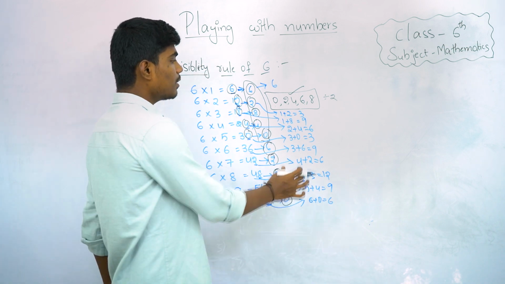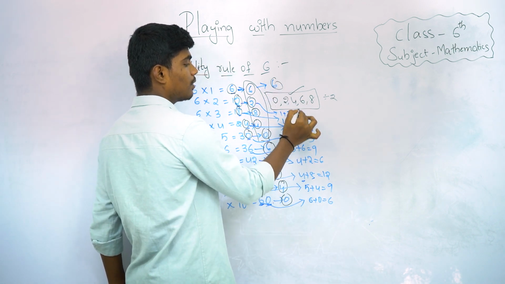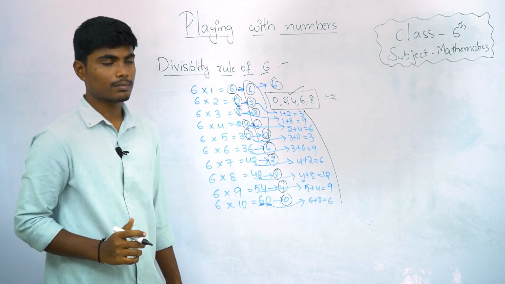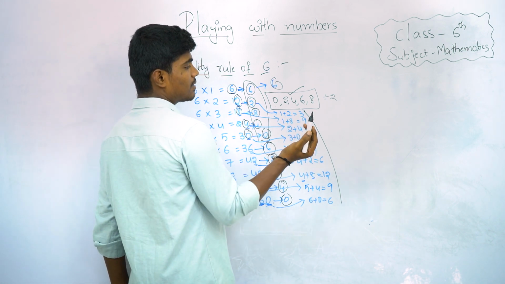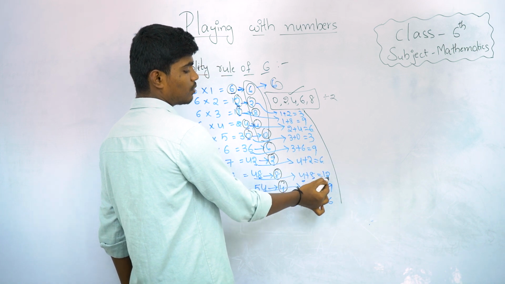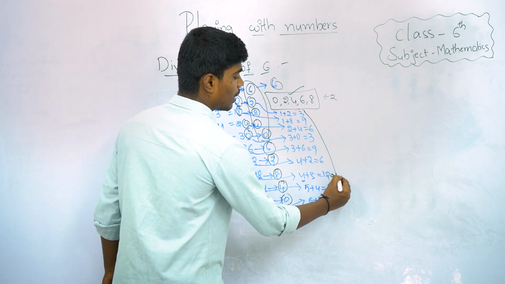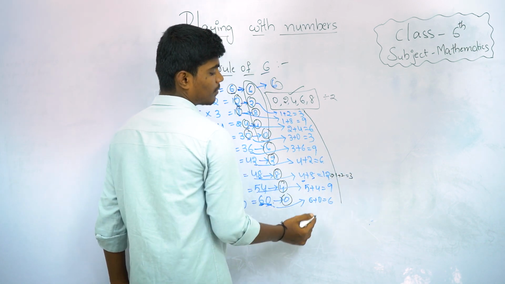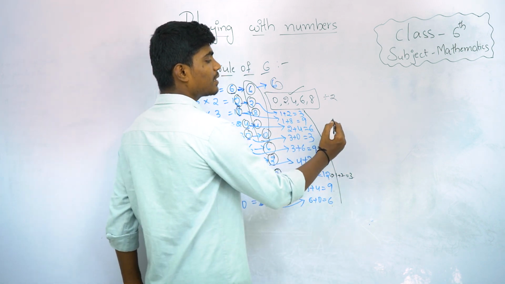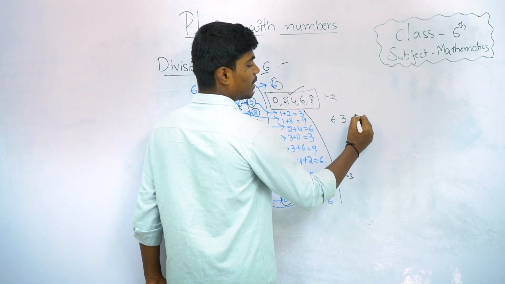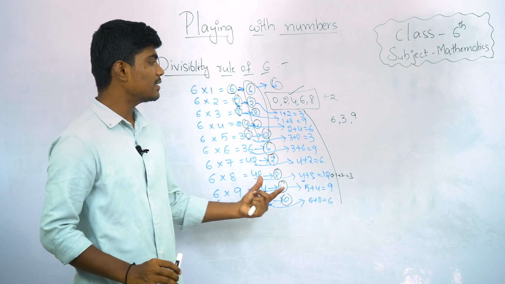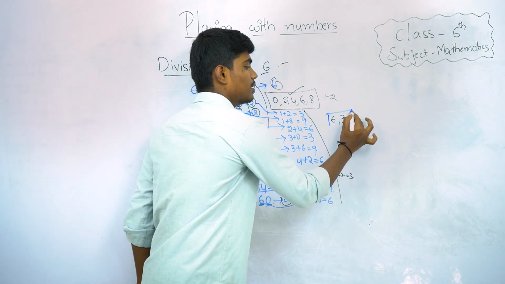See, these are the sums of the digits of the multiples of 6. If you observe, the results are 6, 3, 9, 6, 3, 9, 6, 12. 12 means 1 plus 2 is equal to 3. The repeating numbers are 6, 3, 9.